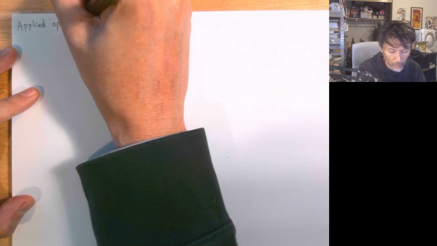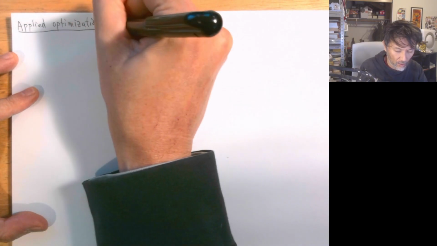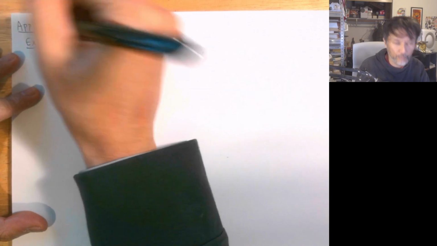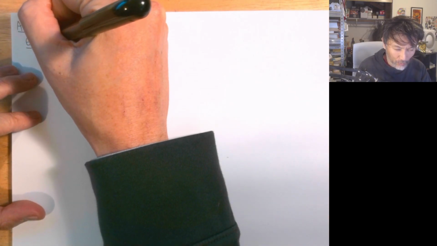So here is the problem that I would like to think about today. Or one of two. I'm thinking we're going to do two because these things take a long time, especially when I'm talking through them. What is the problem?